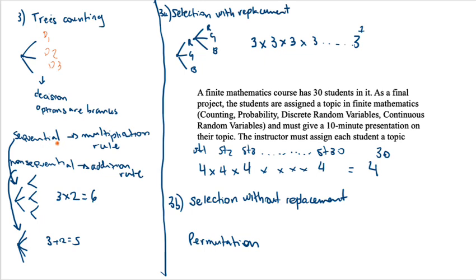The first rule is, if you're taking sequential decisions, to calculate the number of possibilities you have to multiply the number of options in each layer, okay? So if I have 3 dogs and 2 cats, first I'm going to select the dogs, then I'm going to select the cats. This will be 3 times 2, 6 possibilities.